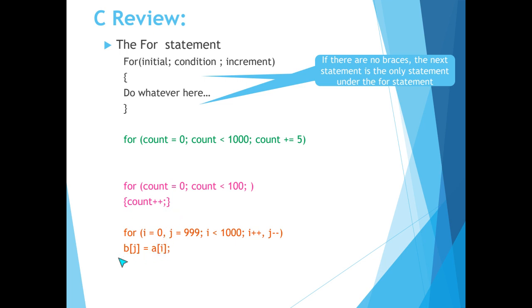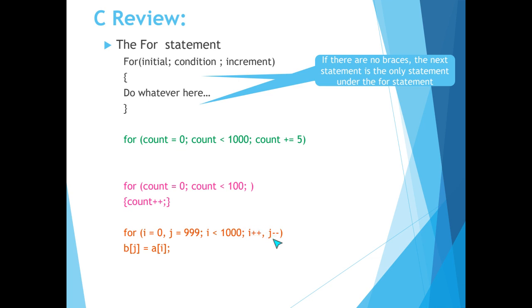However, about this one, as you see, I didn't use the braces. For I equals 0, initial value, J equals 999, again initial value, semicolon. As you see, after the initial values for our variables, I use the semicolon. Then we should use the condition I less than 1000, semicolon, operators. Increase I by 1 and decrease J by 1.